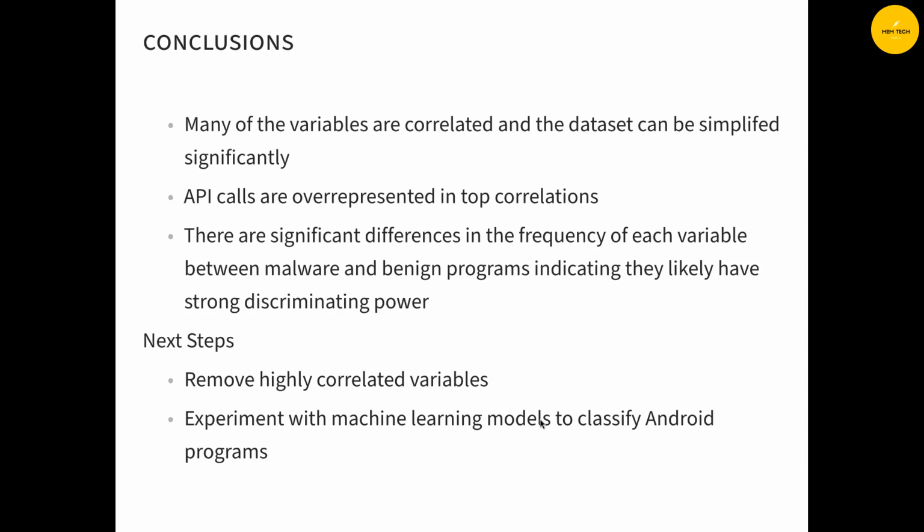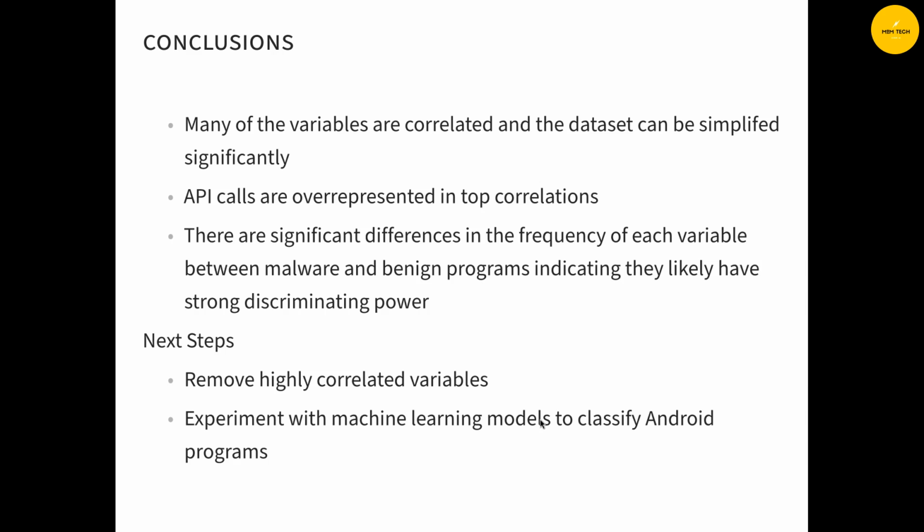Anyway, so the conclusions: many of the variables are correlated. The datasets can be simplified significantly. API calls are overrepresented in top correlations; they make up the majority of them. There are significant differences in the frequency of variables between the two classes, so this likely means that they have strong discriminating power.